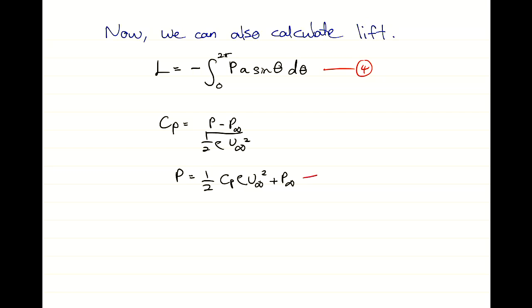I'm going to call this equation 5. And I can also have not only lift, but lift coefficient, which is just Cl equals lift divided by half rho u infinity squared, which I'm going to call equation 6.